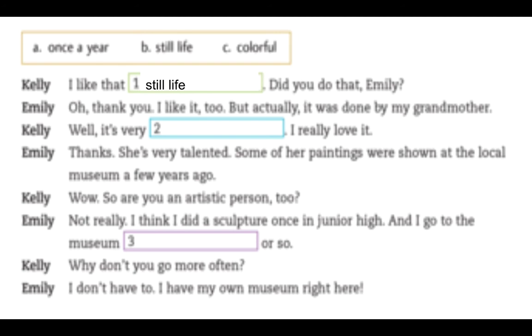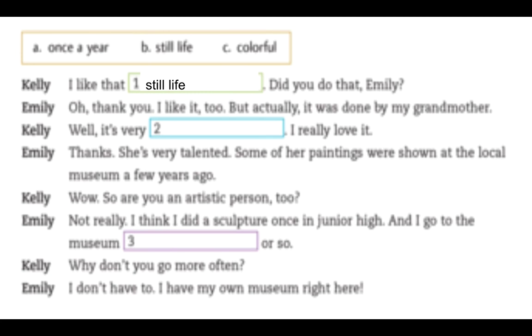So they are talking about a still life painting. And if you remember, still life paintings are pictures of flowers or fruit and that kind of thing. Sometimes it can be food. My mother has a picture of some oysters in her living room.